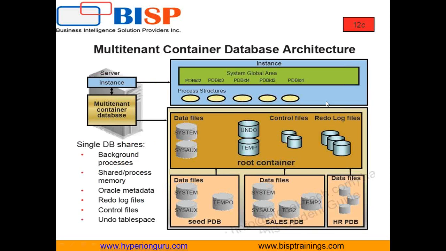Here the data dictionary is a shareable object, so it also requires very little storage. Why? Because the root container, that means the CDB, stores the system data file and sysaux data file, so the data dictionaries are stored there. And it is a shareable object.